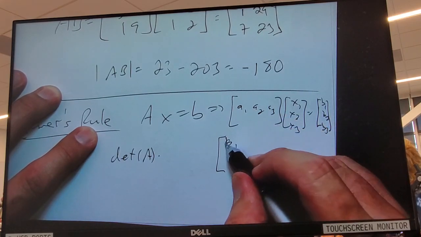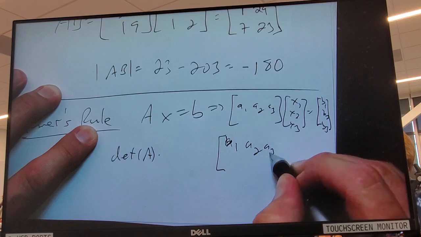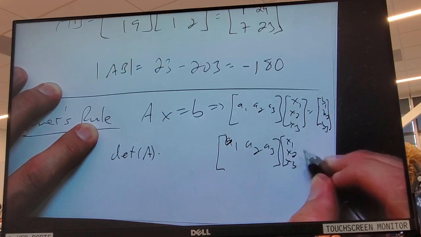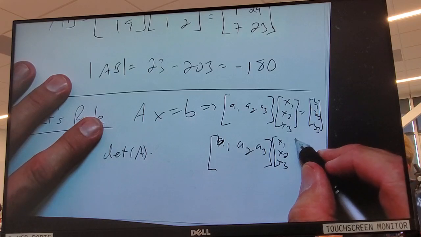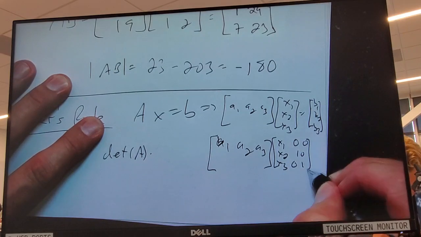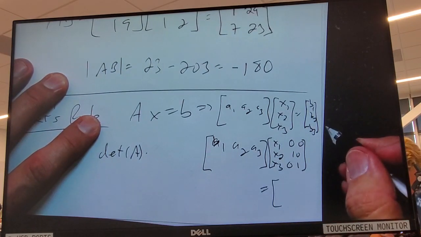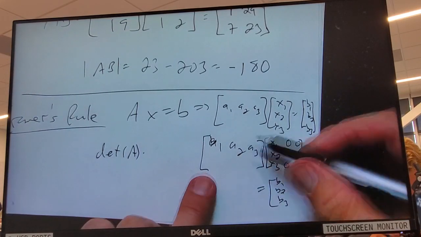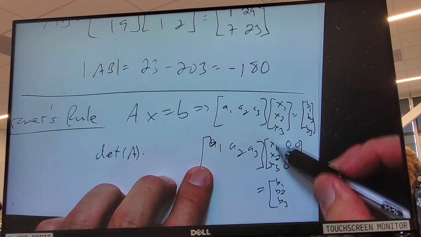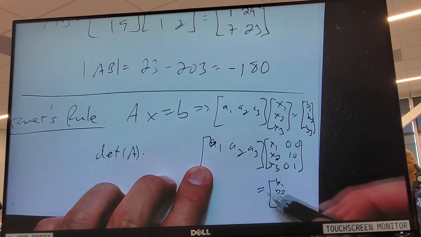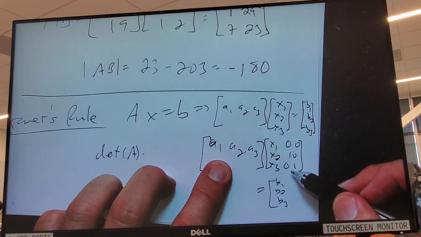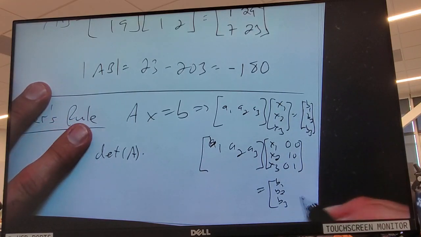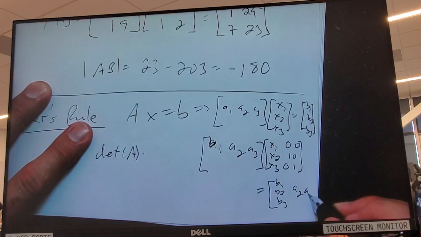Sorry, no, the other way around. Let me do this. If I do this, and I blow this up to be like this, and I also blow up the B vector, not because I want to, but because I have to. A1 dotted with this is the B's. A2 dotted with this would be A2, yes? And A3, this will be A3.